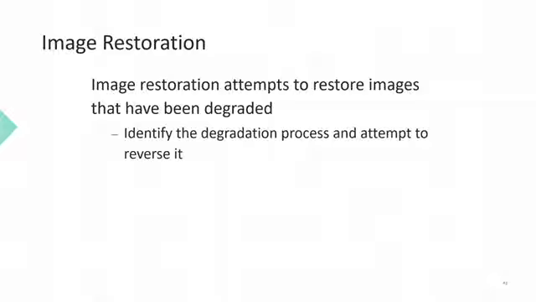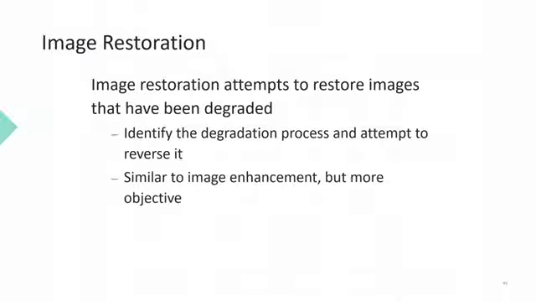Is it due to atmospherical changes? Is it due to manual or man-made changes to that particular picture? Then we can attempt to reverse it. Now, it is similar to image enhancement, but more objective. In image enhancement also, we try to enhance the hidden features.